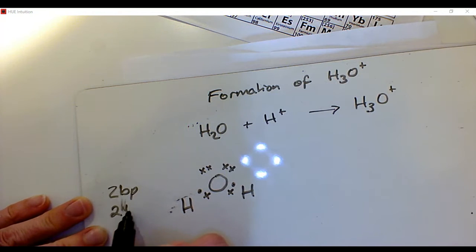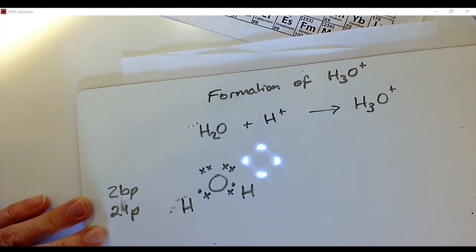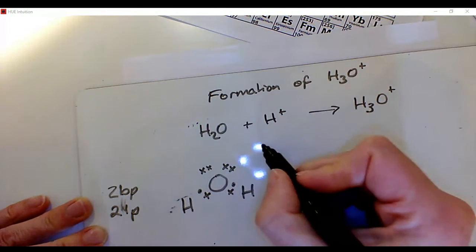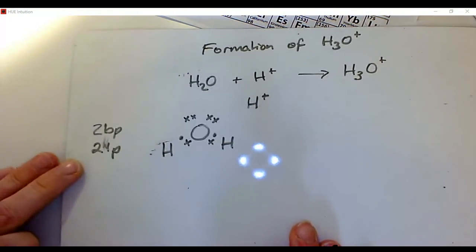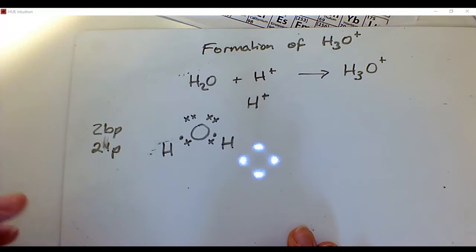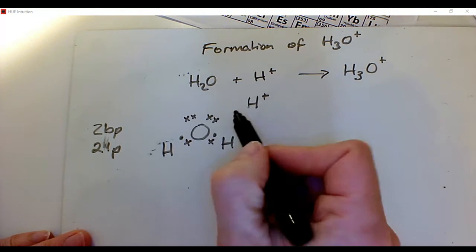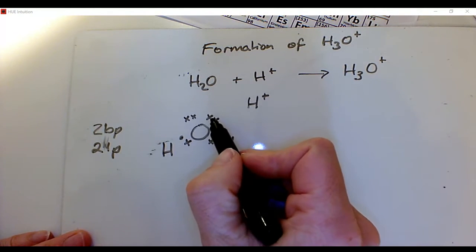and 2 lone pairs. Now, one of those lone pairs, not both of them for some reason, one of the lone pairs meets this hydrogen ion, which remember has no electrons of its own. It can't form a covalent bond by sharing an electron, but it can form a covalent bond by sharing both electrons.